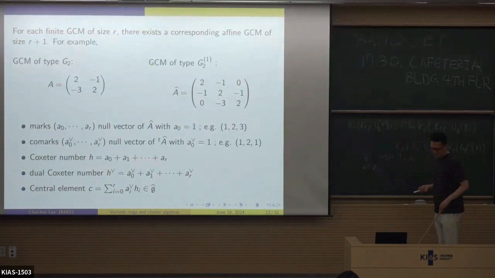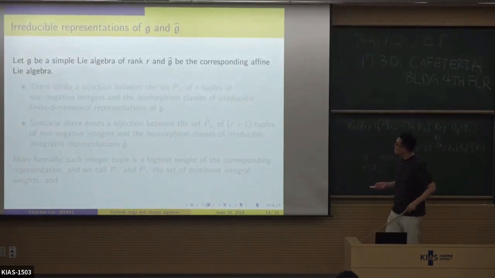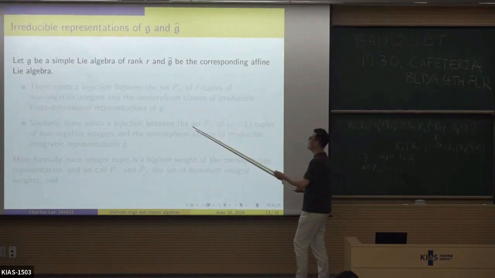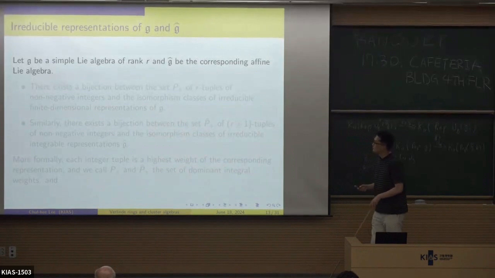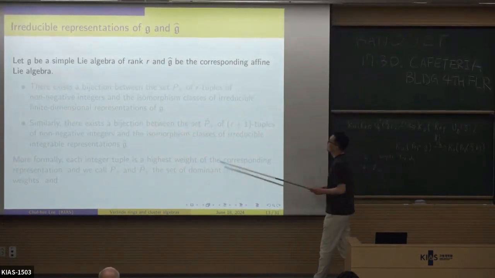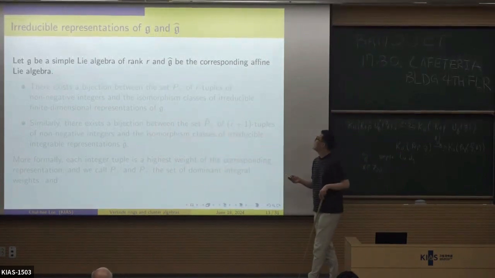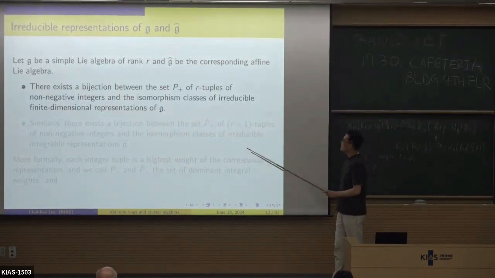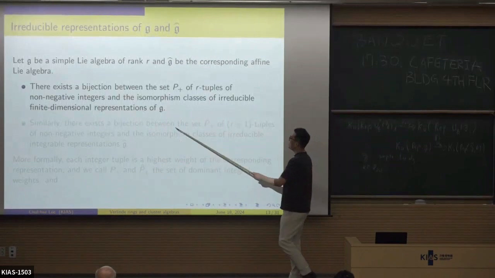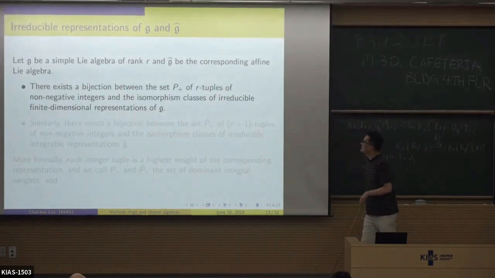So let me summarize some basic results on the representations of g and g hat. Let g be a simple Lie algebra. When I say simple Lie algebra, it means finite type Lie algebra, and g hat is the corresponding affine Lie algebra. Irreducible finite-dimensional representations of g can be classified using r-tuples of non-negative integers.